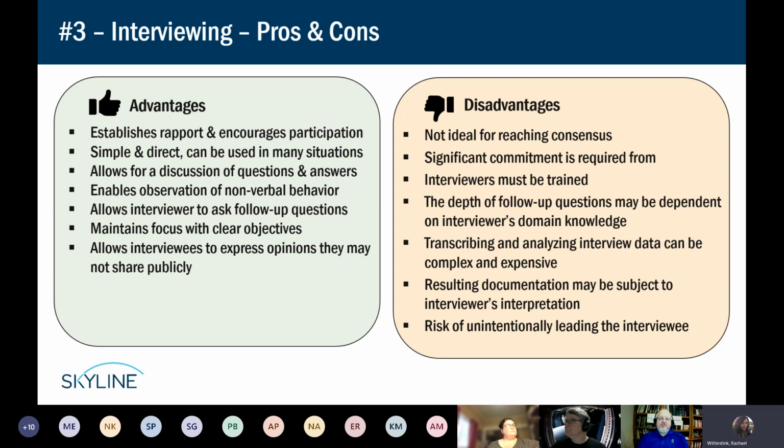So you could think they meant something, but they may have meant something else. So you need to be very clear. Also, it's possible that interviewers could lead the person, where you want them to go a certain direction. Like, let's say your company said, we have to use Oracle, but we're trying to give the impression that we haven't already picked Oracle.